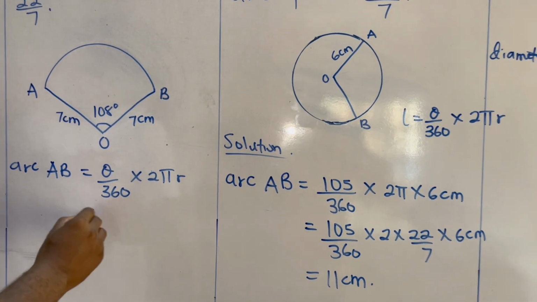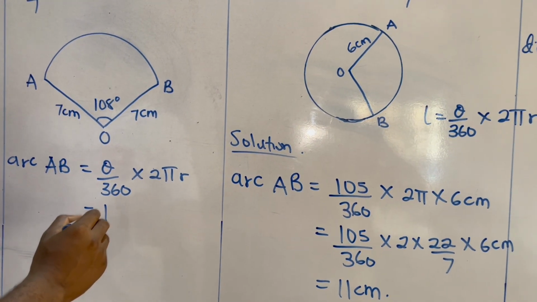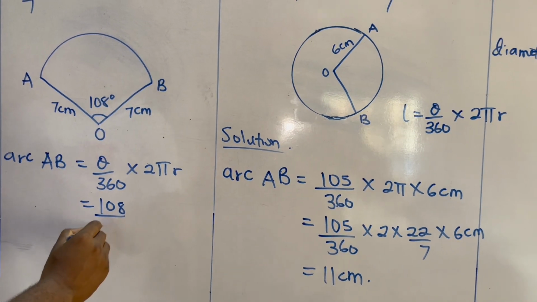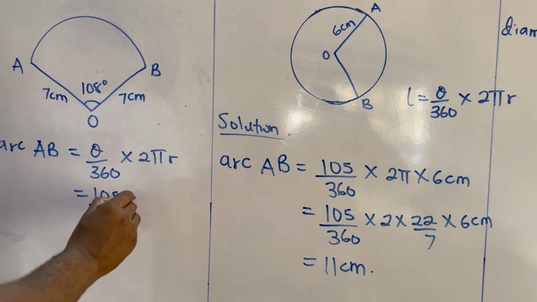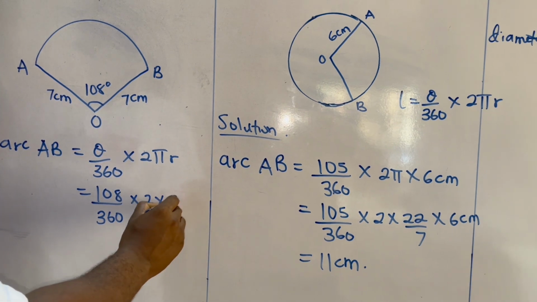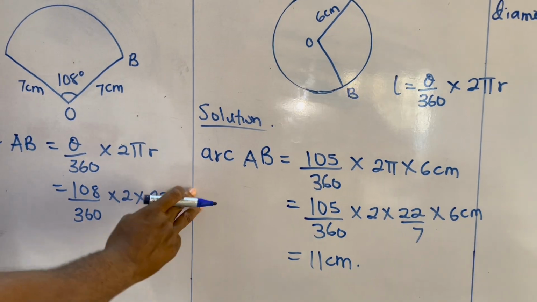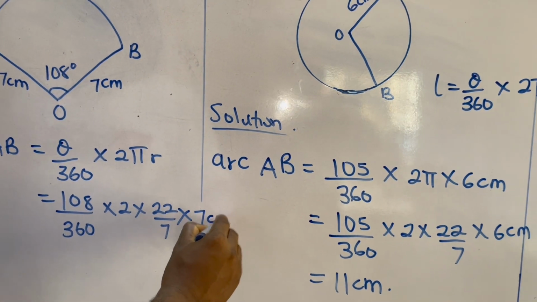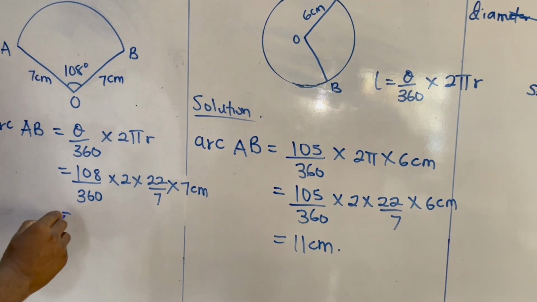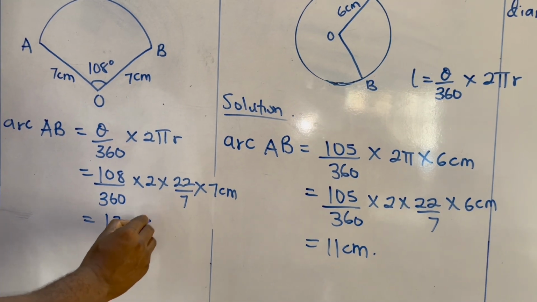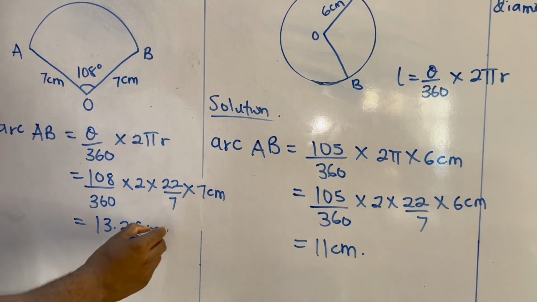So this will give us 108, the angle being given, over 360 times 2 times 22/7 times the radius, in this case 7 centimeters. If you calculate, this will give us 13.2 centimeters.